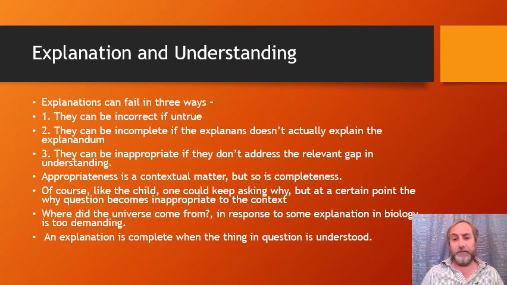That's an incorrect explanation. Number two, they can be incomplete if the explanans doesn't actually explain the explanandum. And three, they can be inappropriate if they don't address the relevant gap in understanding. So this number three is the contextual part. What is the gap that we're trying to address?